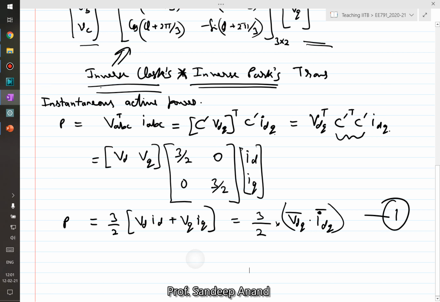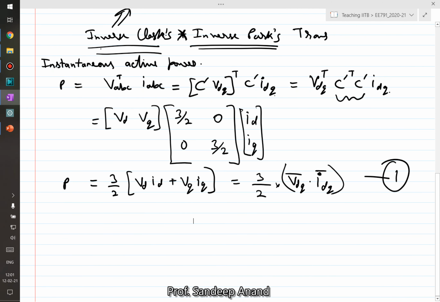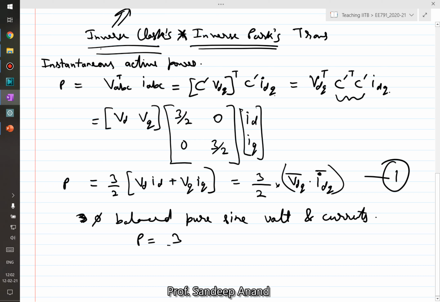An important thing to note here is, if you consider three-phase balanced pure sinusoid voltages and currents, right, then you can see that this P expression, which is 3 by 2 times V dq dot I dq, becomes something like this.